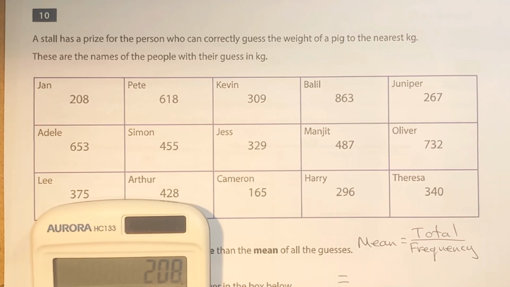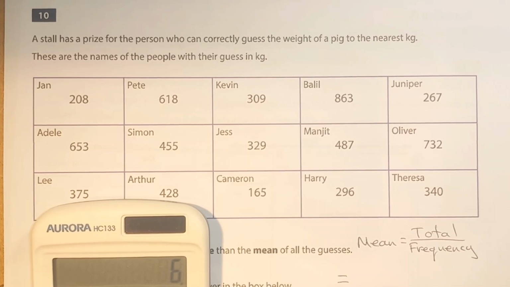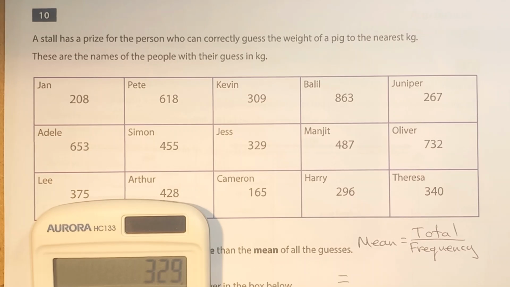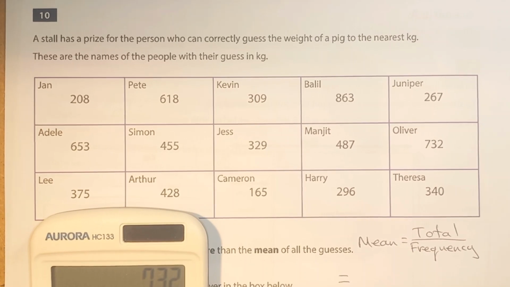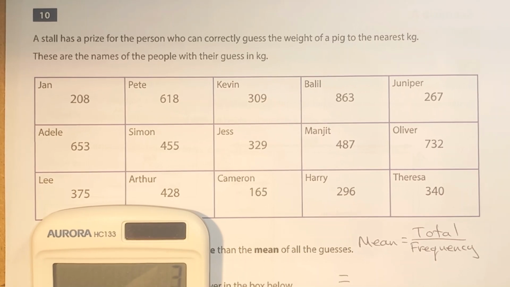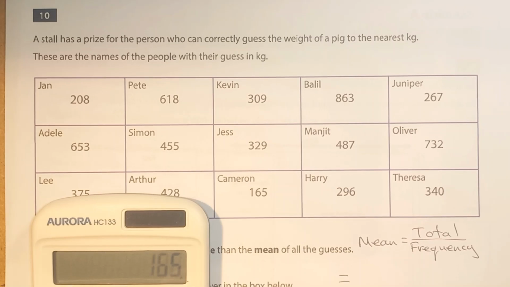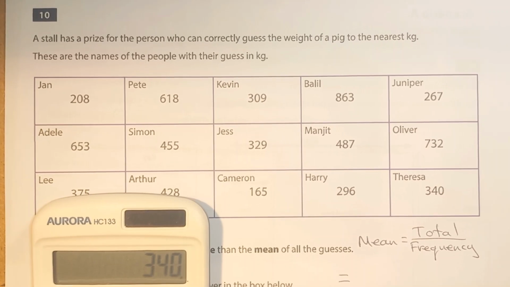So we've got 208 plus 618 plus 309 plus 863 plus 267 plus 653 plus 455 plus 329 plus 487 plus 732 plus 375 plus 428 plus 165 plus 296 plus 340.